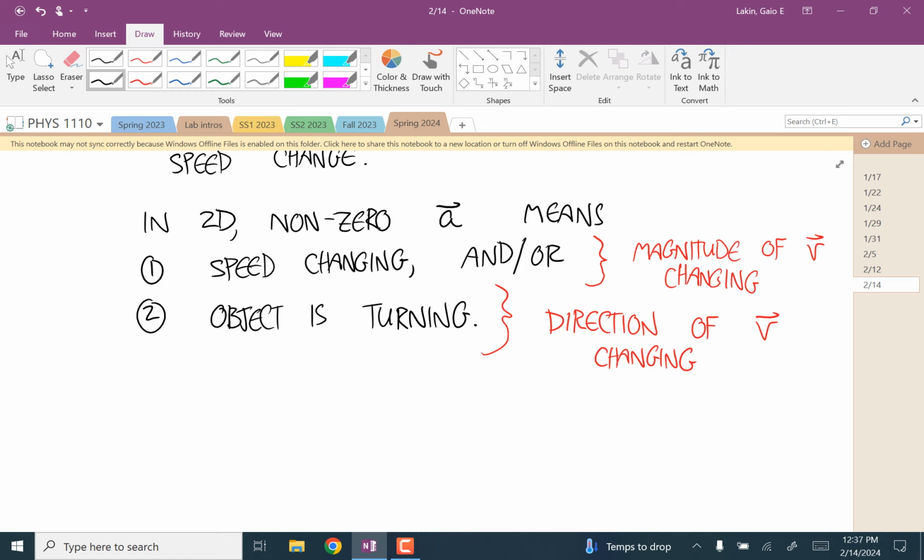Actually, let's think about an example of this. If you're in a parking lot, a big empty parking lot in a car, and you're going 20 miles an hour, it's empty, so that's all right. And you go 20 miles an hour in a car and you turn in a circular path, you can feel that acceleration. That feeling in your stomach, that's the acceleration.